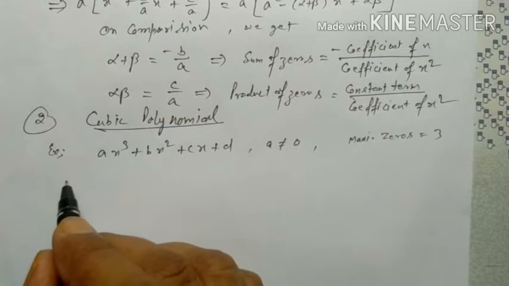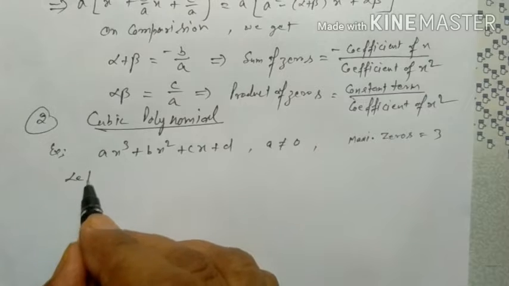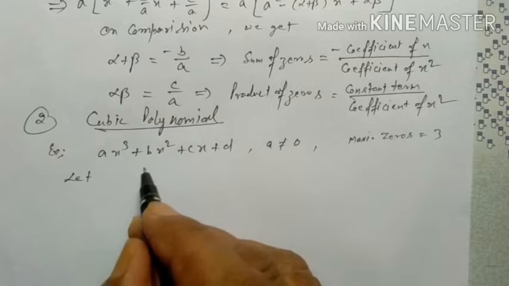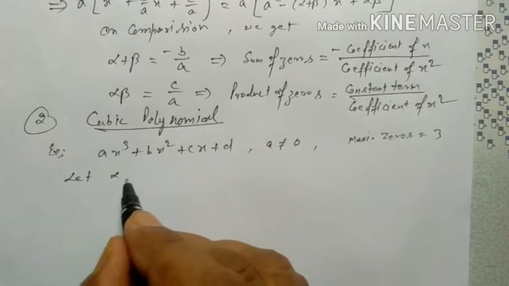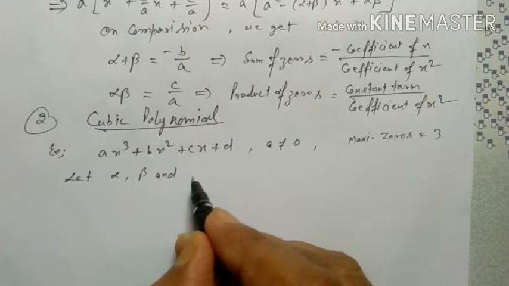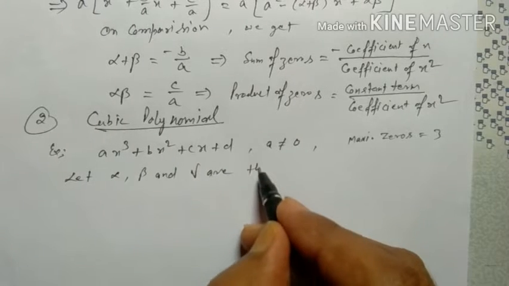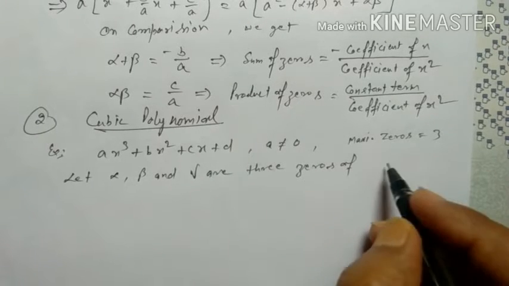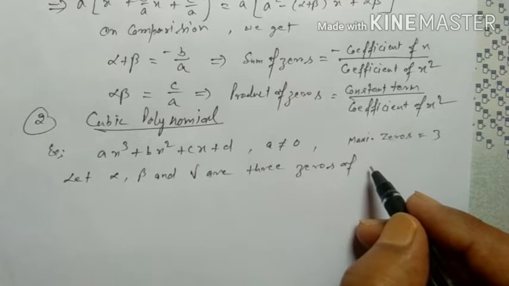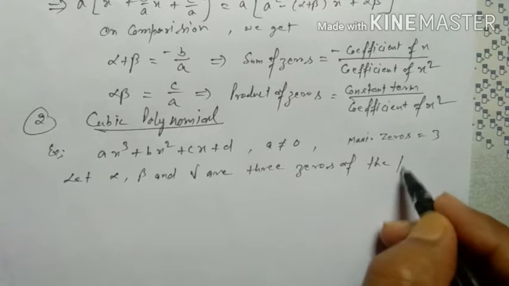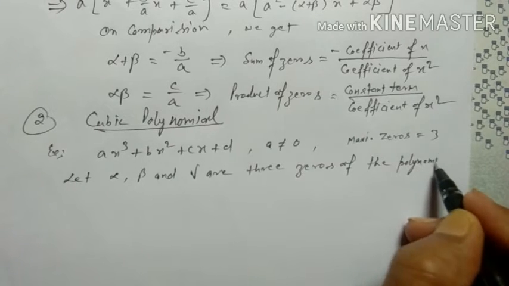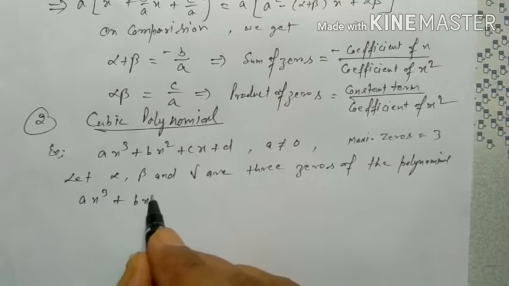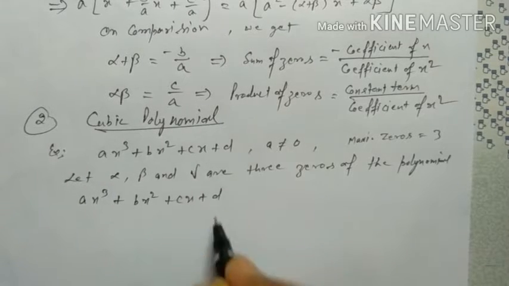Let alpha, beta and gamma be the three zeros of the polynomial ax cube plus bx square plus cx plus d.